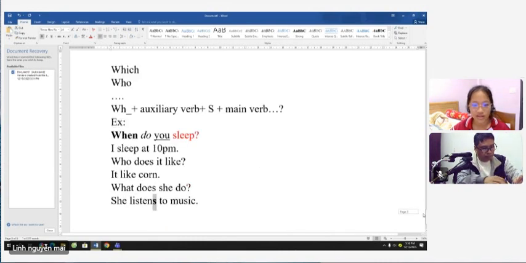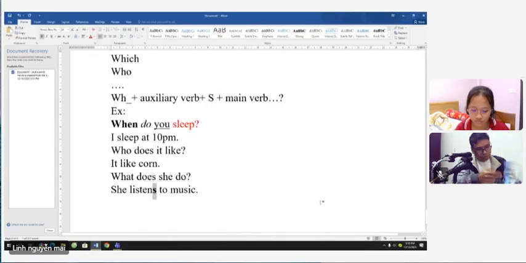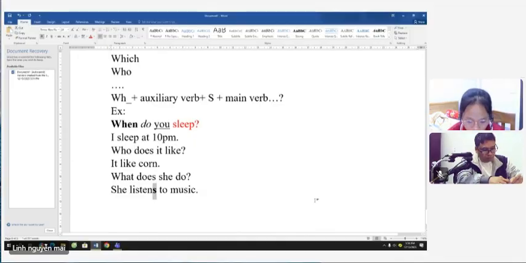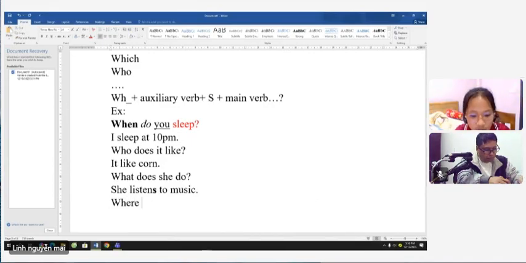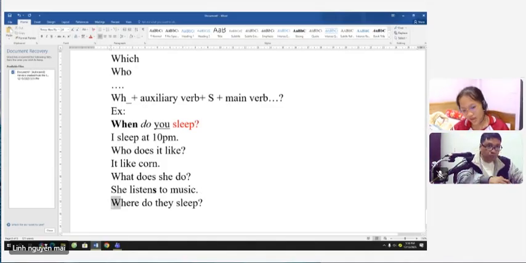And the final one that is where. Where do they sleep? Where do they sleep? Here is the WH word.